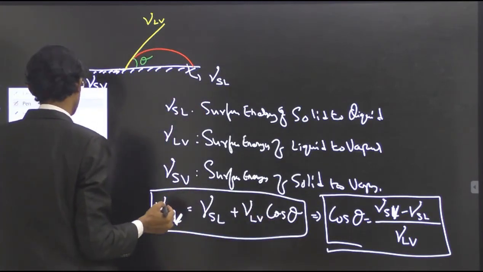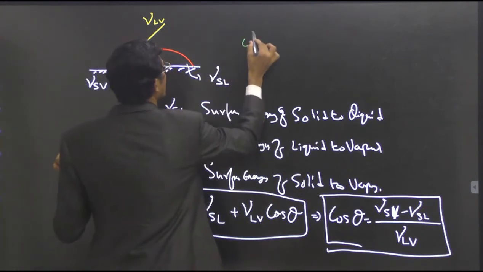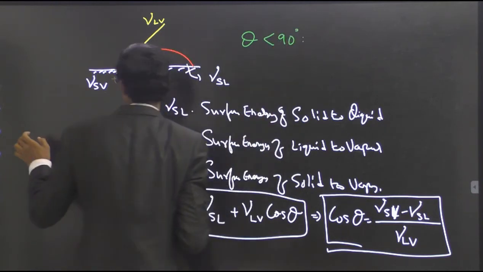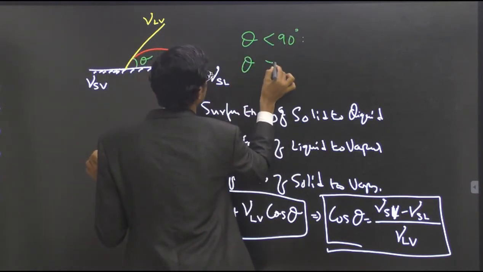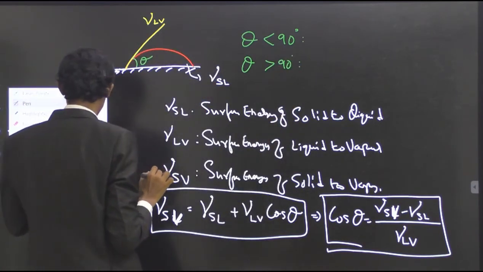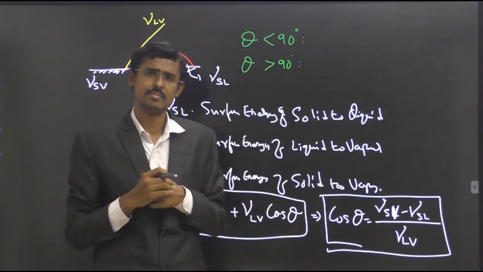So in case this theta is less than 90 degree, what happens? In case the theta is greater than 90 degree, what happens? You see, we are talking about the wettability part.